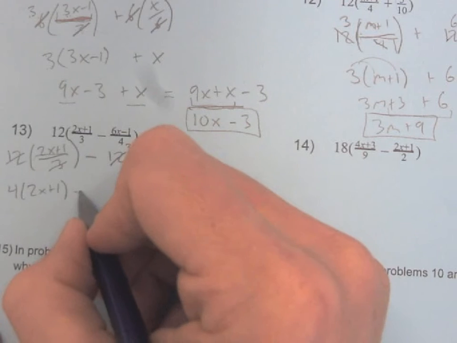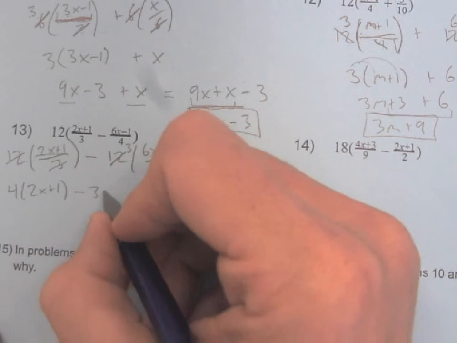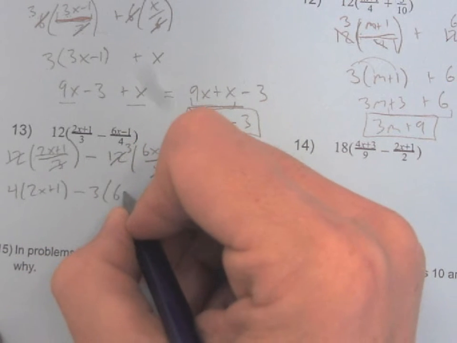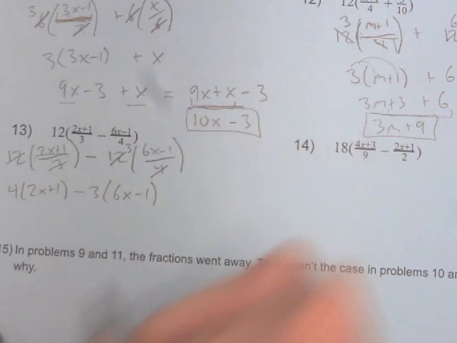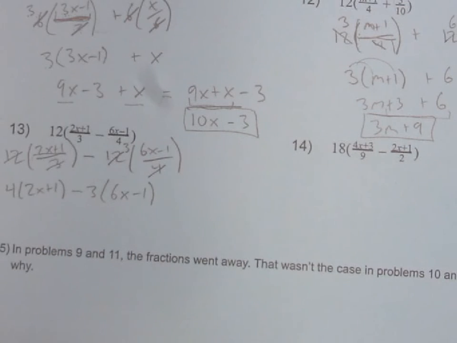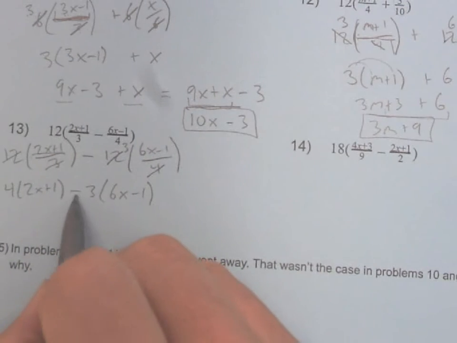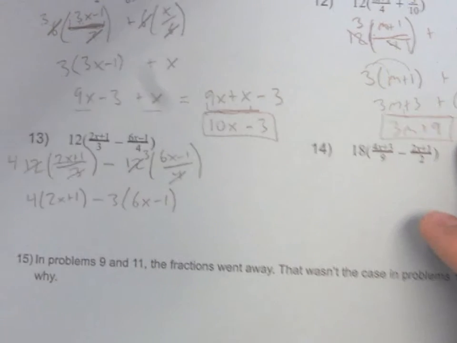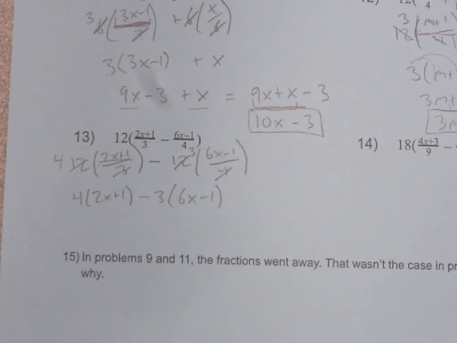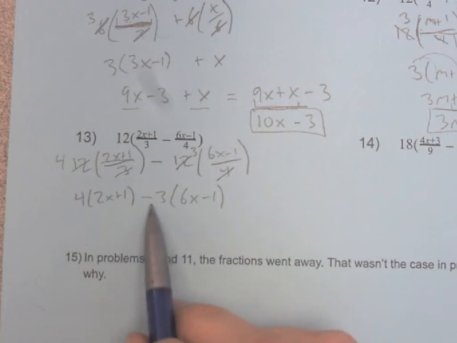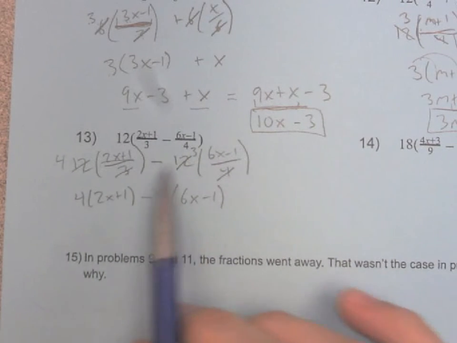Okay, and then we have negative 3 times 6x minus 1. Now when we think about this thing right here, sometimes we think of it as a negative, and sometimes we think of it as a subtraction. Sometimes we say, well, it's attached to this 3, and sometimes we say, well, it's just separating these two terms.